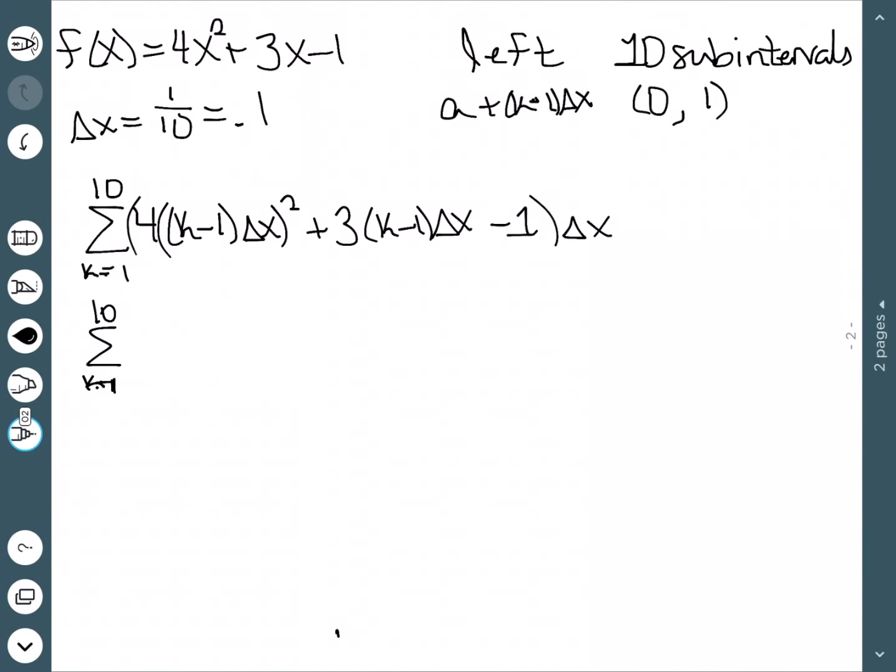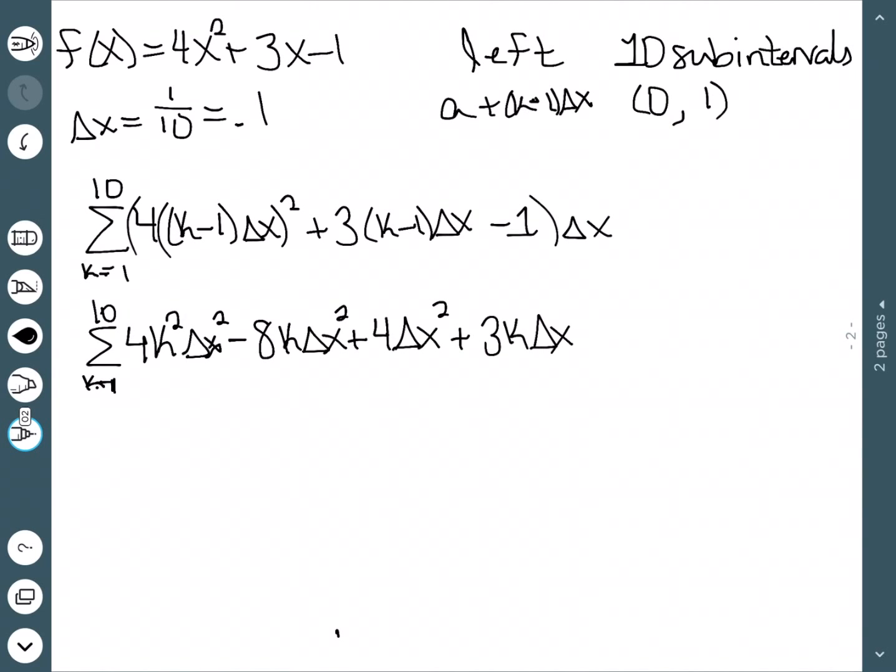Simplifying is going to give us 4k squared delta x squared minus 8k delta x squared plus 4 delta x squared plus 3k delta x minus 3 delta x minus 1, all times delta x. There's a lot of simplification we can do here.